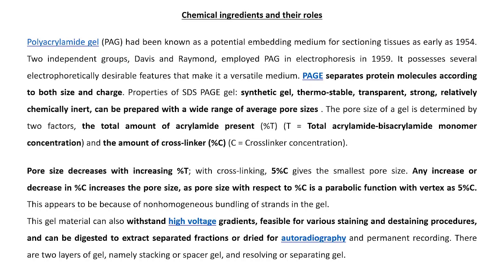So based on the mixture and the percentage C of cross-link or the total acrylamide bisacrylamide monomer, we can determine the concentration of the SDS gel. So the pore size decreases with increasing percentage T with cross-linking. Say 5% gives the smallest pore size. Now upon any increase or decrease in the percentage C, the pore size increases, as the pore size with respect to percentage C is a parabolic function.